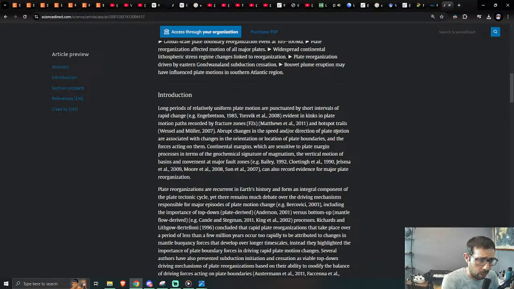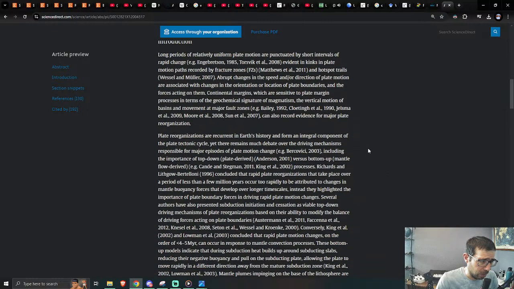The forces acting on the continental margins, which are sensitive to plate margin processes in terms of the geochemical signature of magmatism, the vertical motion of basins and movement at major fault zones, can also record evidence for major plate reorganization.